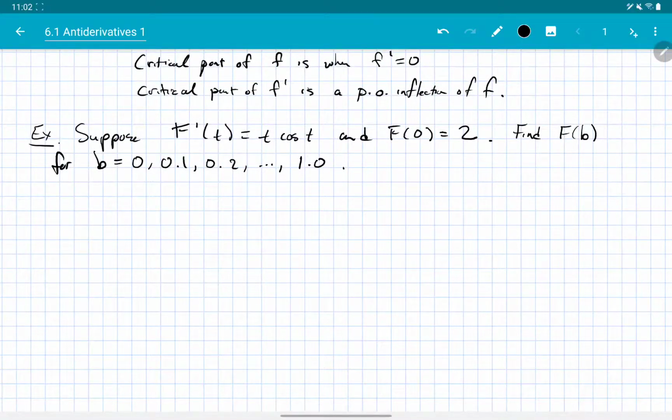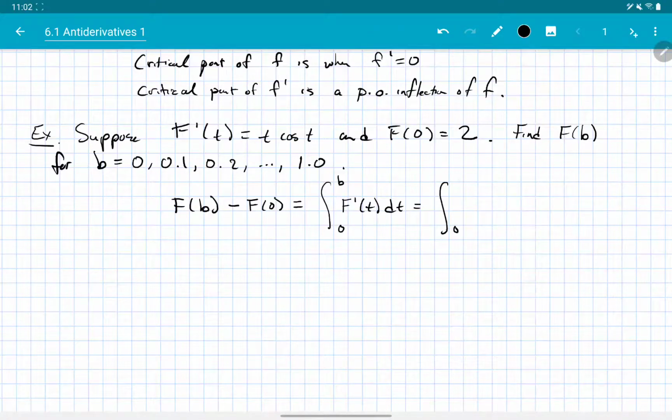Okay, so we're going to use a computer to do this, right? So we want to figure out what f of b equals, but by the fundamental theorem, we know that f of b minus f of 0 is equal to the integral from 0 to b of f prime, so the integral from 0 to b of t cosine of t dt.